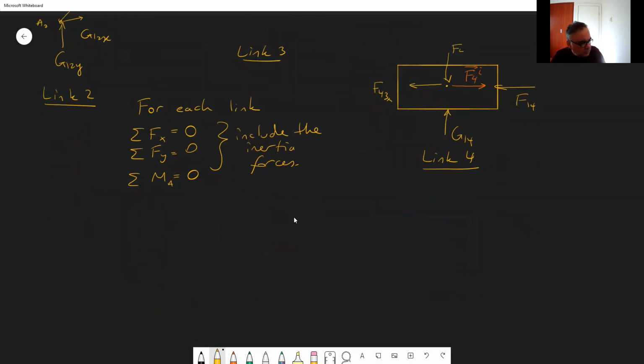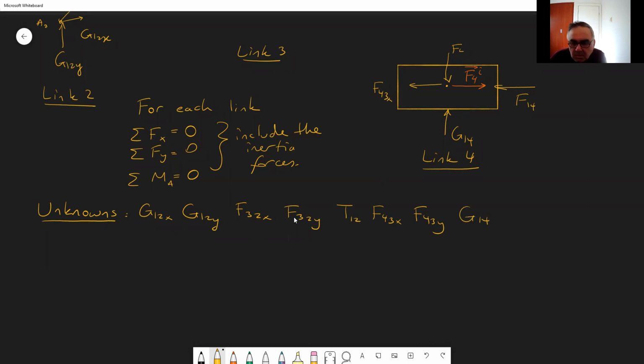And our unknowns are, let me just check the unknowns, we need G12X, G12Y, F32X, G12, 43X, and G14. That's it, it seems. For 8 unknowns.